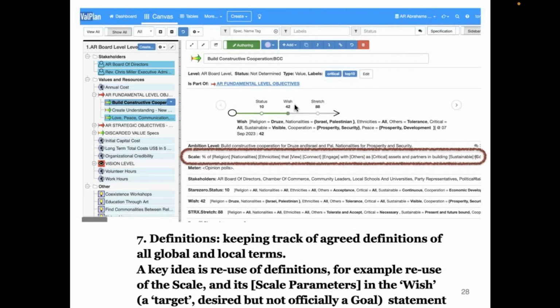Here's an example that the wish level of 42 is for the Druze religion, for the set of nationalities, Israel and Palestinian, for all ethnicities, et cetera. So we're able to define, in a very complex system with thousands of possible combinations, exactly the configuration that we're looking at when we say by September 2023 we'll get from 10 to 40.